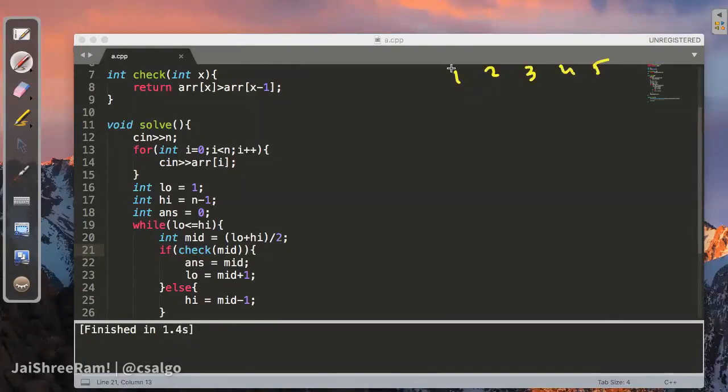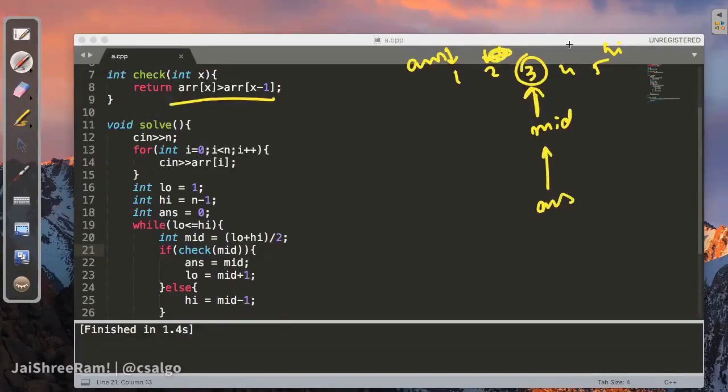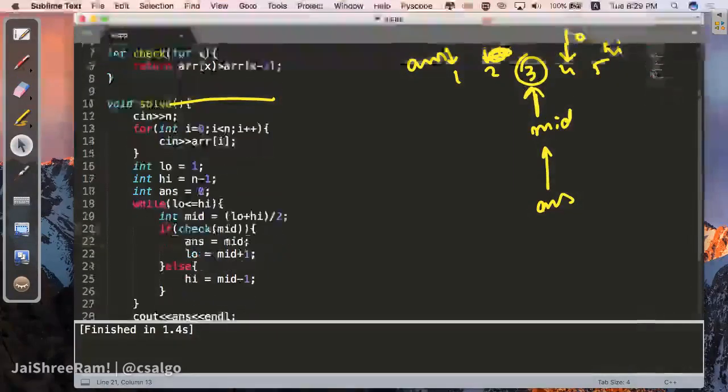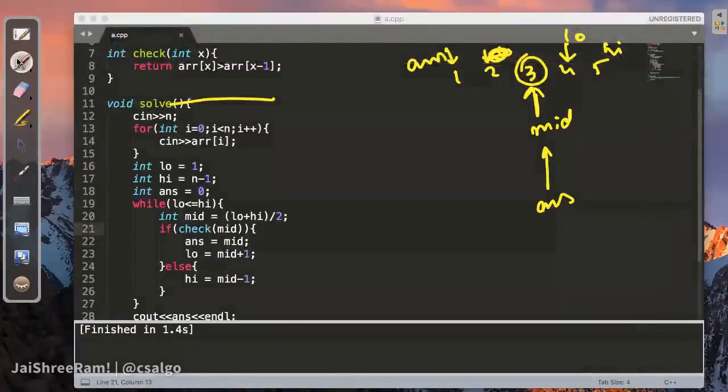Initially the answer is this, this is low, and this is high. We want to search for the answer, so this will be the mid the first time, and the truth function for this is true. So we make the answer equal to this, and we make low equal to this particular value. Then in this range again, this is the mid.